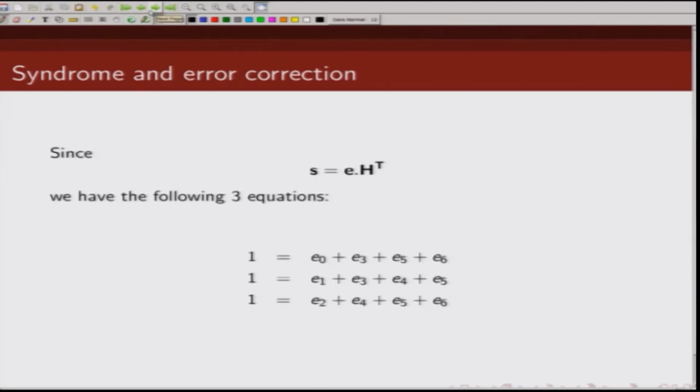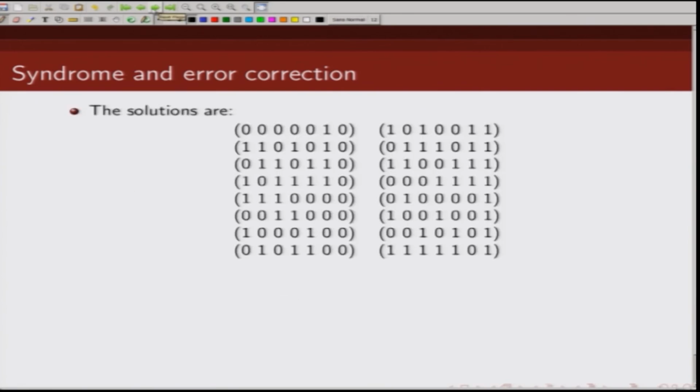When we compute EH transpose, we get these 3 equations, and there are 2 to the power 4, that is 16, different solutions to this set of equations, and these are the 16 solutions.